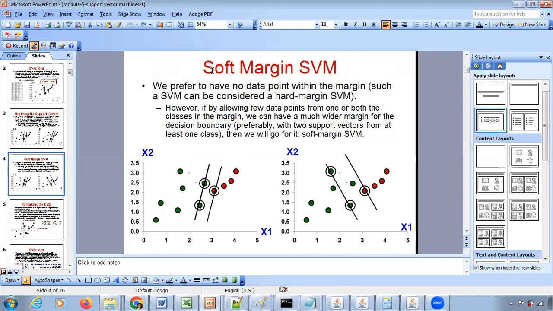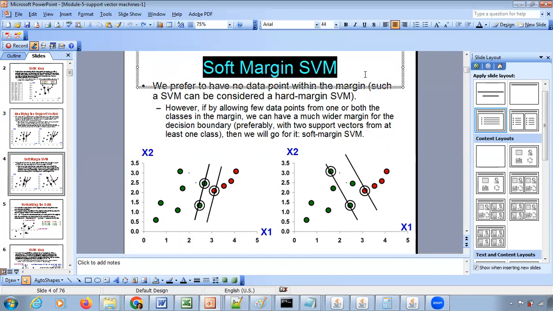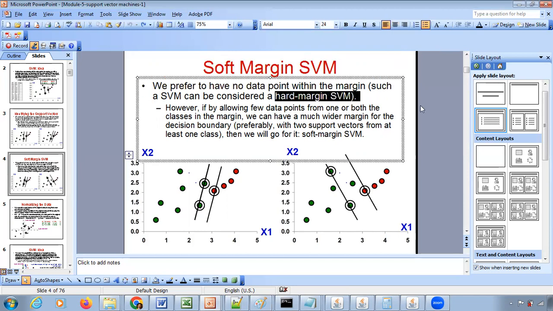Such a support vector machine that allows some outliers to be part of the decision boundary is called a soft margin support vector machine. We would preferably try to go for a hard margin support vector machine, that is, one that doesn't have any data point within the decision boundary.